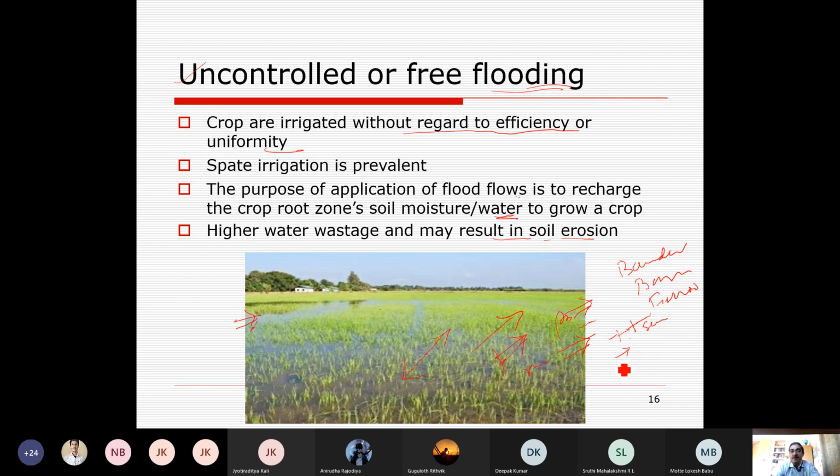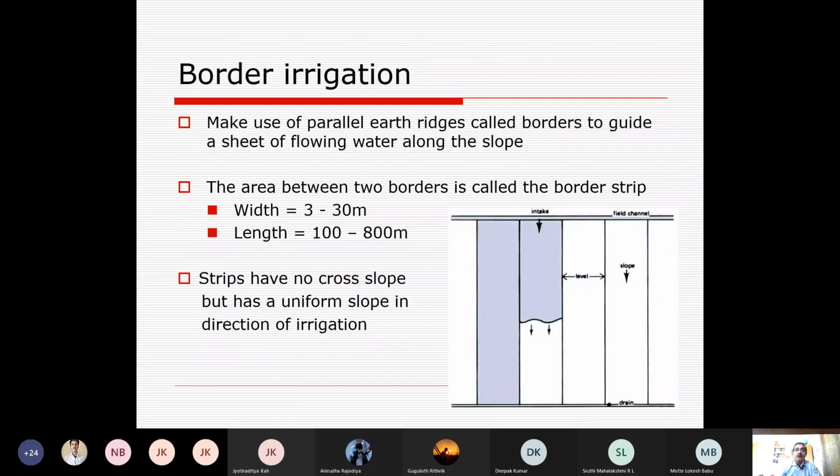It is flooding, but it is a controlled flooding, not uncontrolled flooding. We know how much water we need to supply for a certain period of time. Then again, once water is depleted or reduced in the field, we supply again. That is a controlled condition. So this is uncontrolled or free flooding of water in the field.